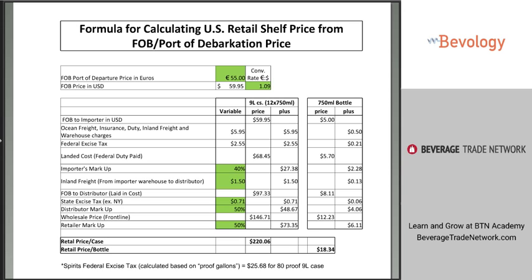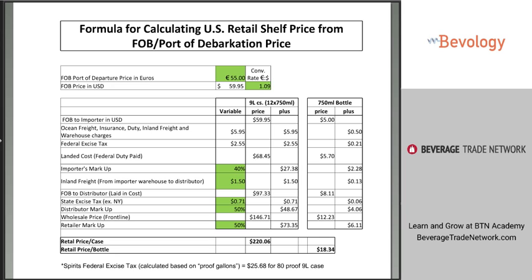And I'm using a 40% markup, which is a 28% margin, just as a point of reference. Could be higher, probably not. Definitely could be lower. It all depends on what you negotiate with your importer as to who's going to be providing what services.